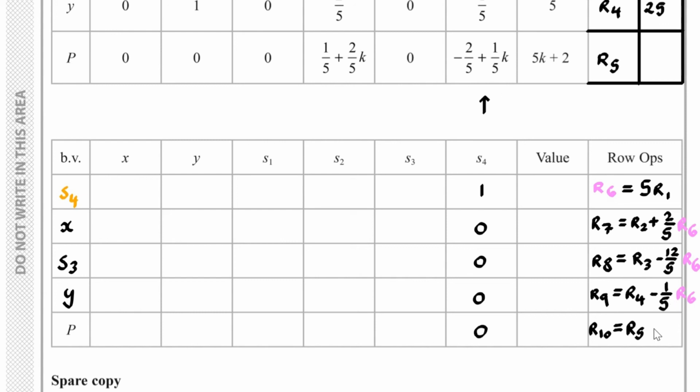So we subtract minus 2/5 plus 1/5 k, and then we multiply this by R6.